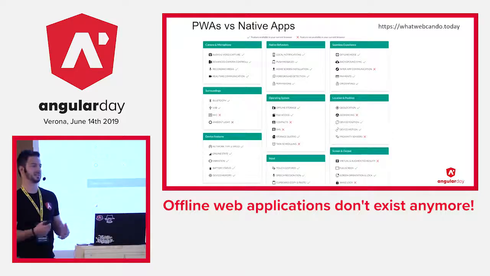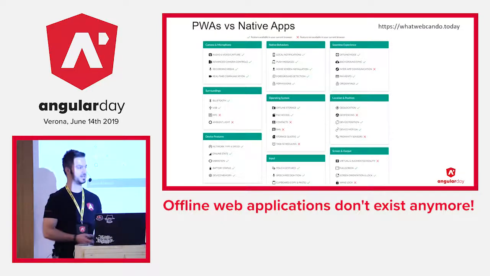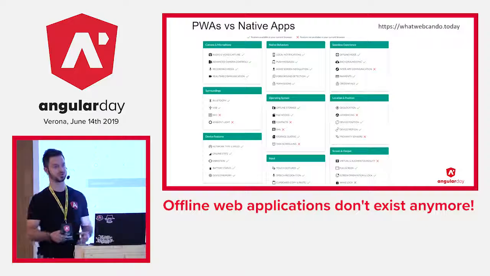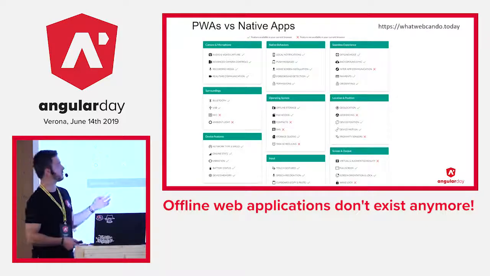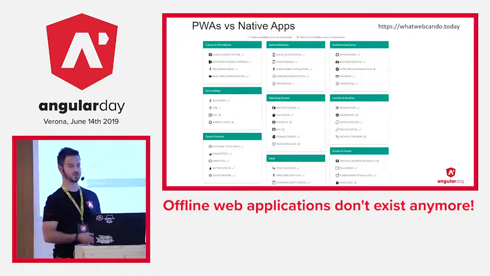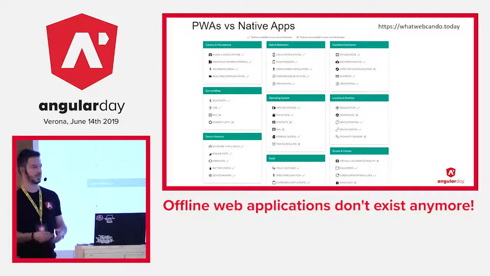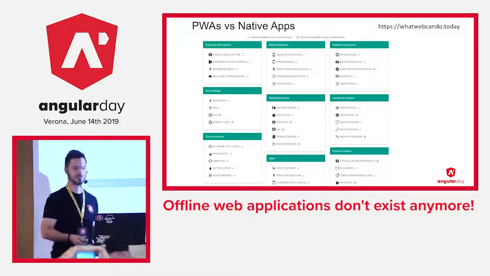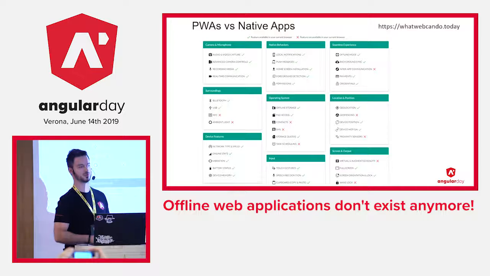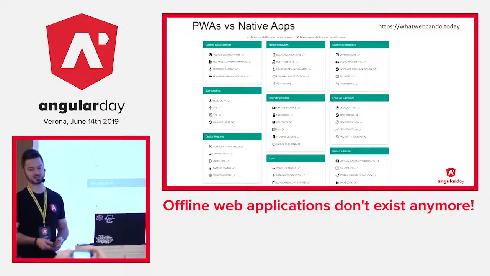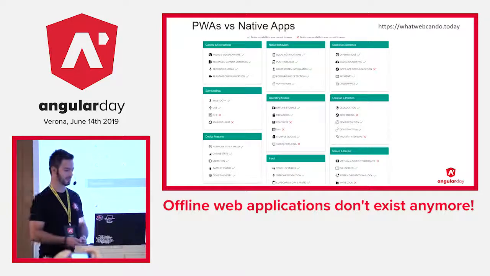In the last years, the gap between progressive web apps and native apps gets shorter and shorter. There is a very cool website called whatwebcando.today that summarizes all the APIs available through the browser. Of course, these are mainly for modern websites, so I'm sorry to say that IE11 is not among the group.